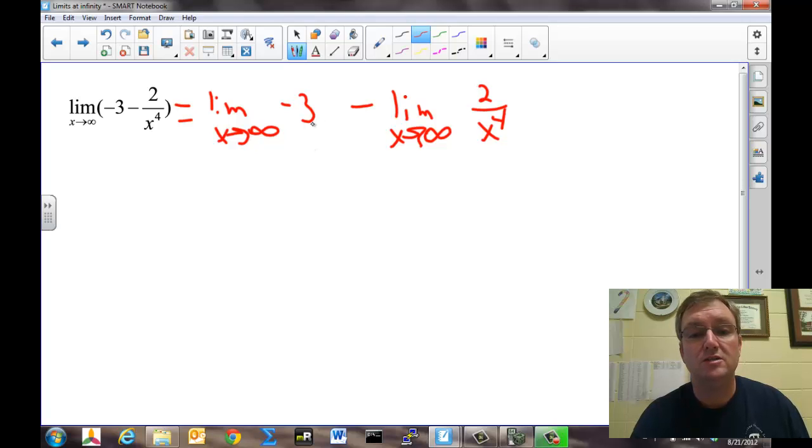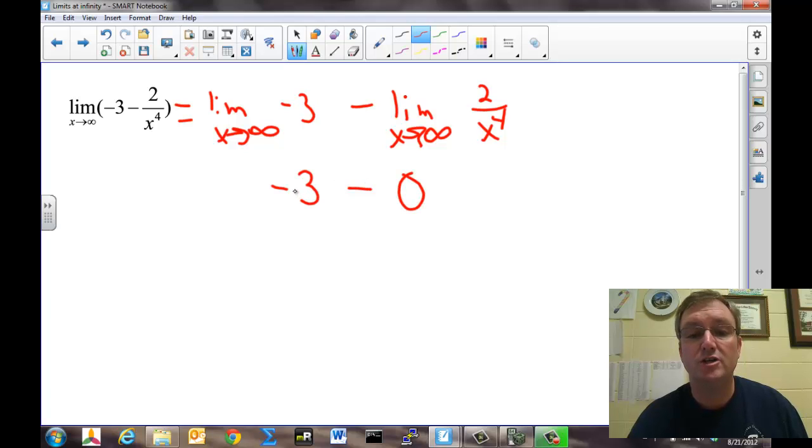Well, this is just a constant number. It's not going to change no matter what we put in. So this limit is going to be -3 minus the limit as x approaches infinity of 2 over x to the 4th. That fits our rule that we looked at on the previous slide. That limit is going to be 0.